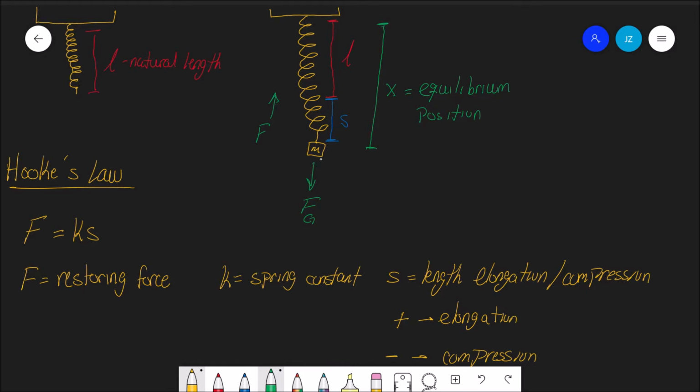So hence the spring is no longer elongating. This means, of course, that F would have to be equal to the force due to gravity. The restoring force is the force due to gravity. So Ks is equal to mg, or mg minus Ks has to be 0.